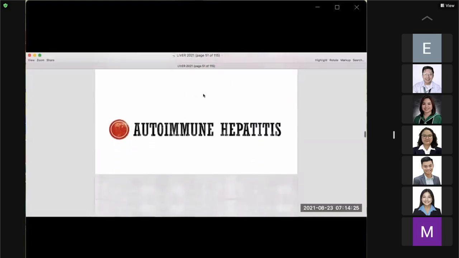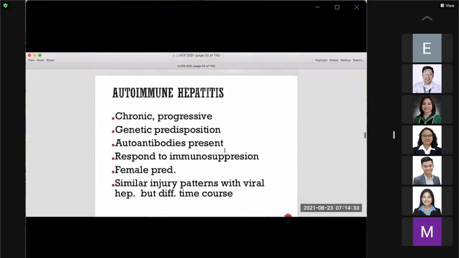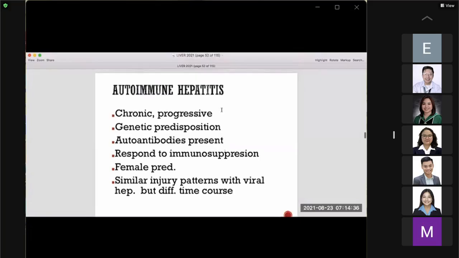There is also another type of hepatitis, which is autoimmune hepatitis. What is this? This one has a chronic progressive state. There is a genetic predisposition here. Since this is autoimmune, we get to see presence of autoantibodies.